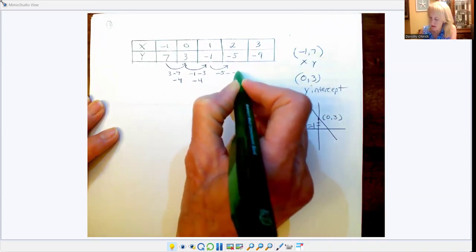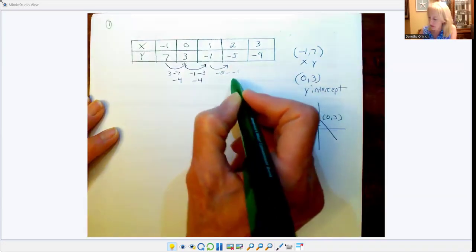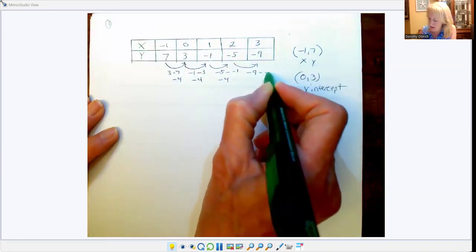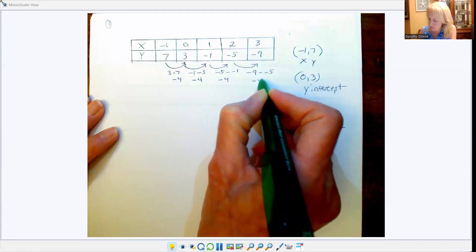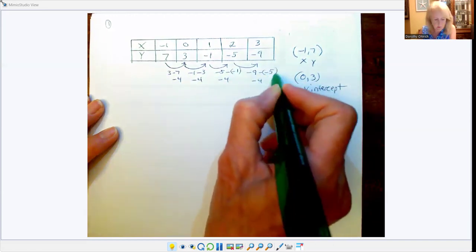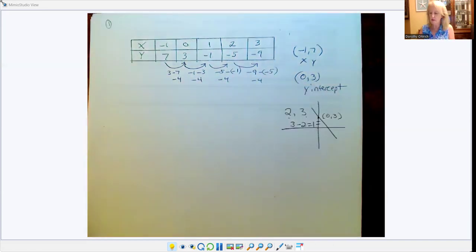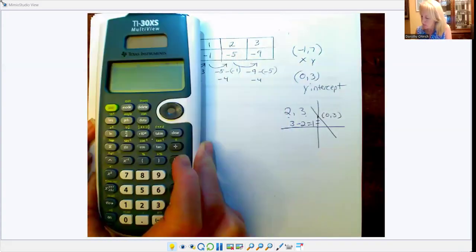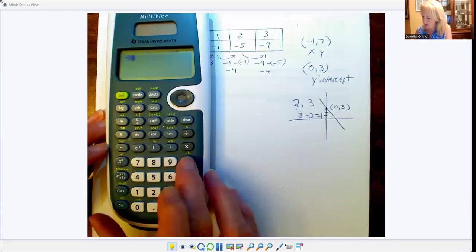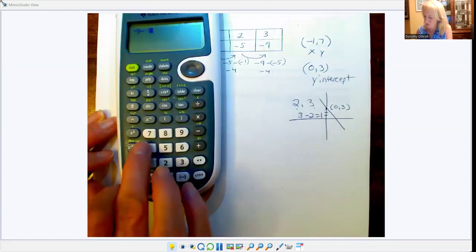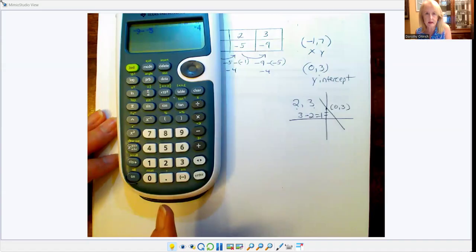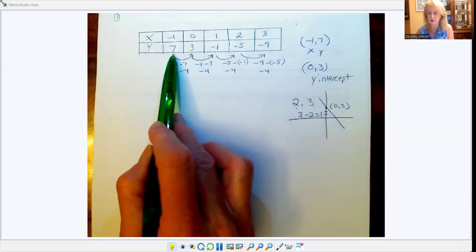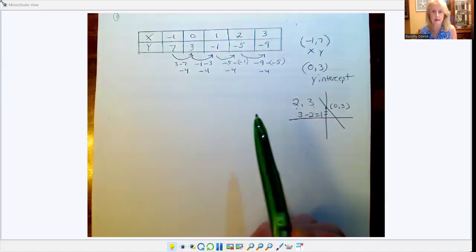-5 minus -1, be careful, that's also -4. And -9 minus -5 is -4. You could put these in parentheses, and it's good to use a calculator. I love the TI-30XS. If you did -9 minus -5, you get -4. So you start with the second number and subtract the first, or the third number and subtract the second.